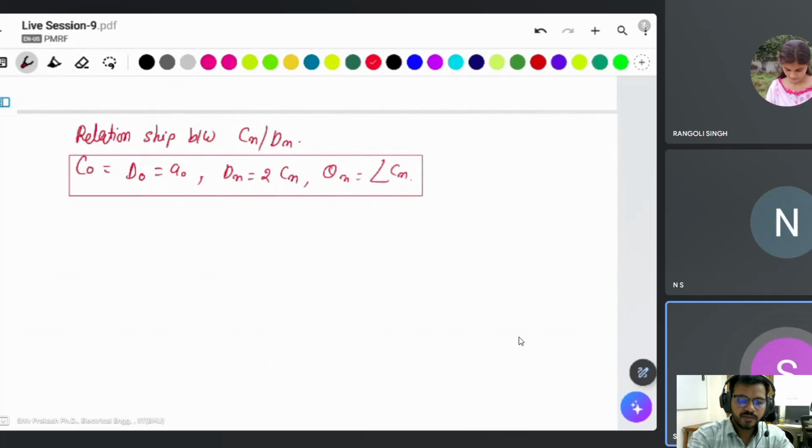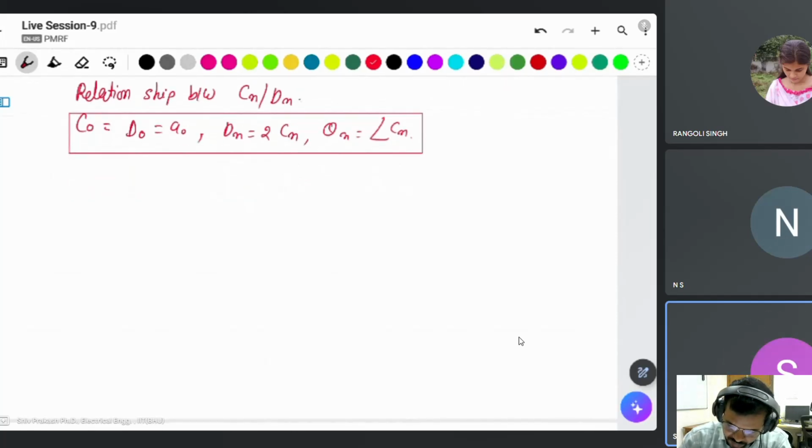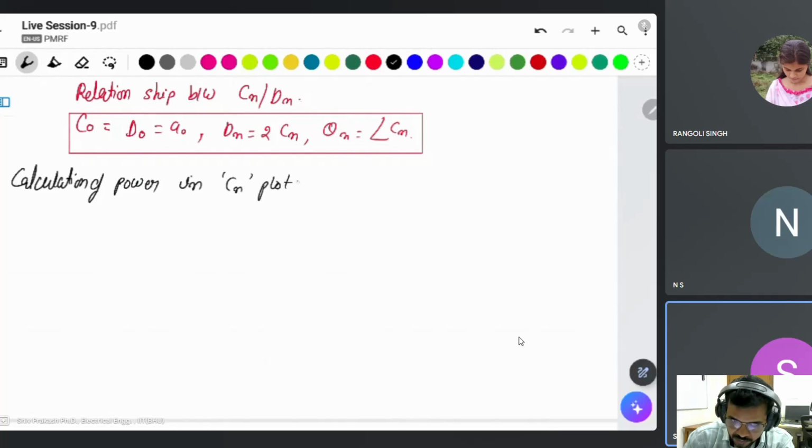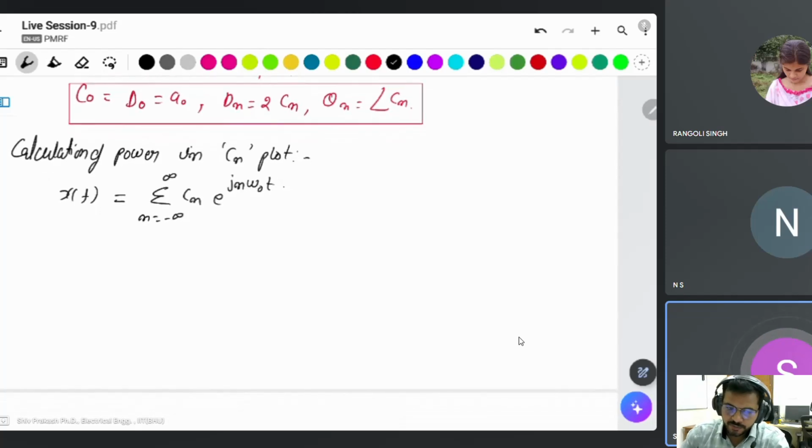For the power calculation, x(t) you know: summation of n equal to minus infinity to infinity of Cn e to the power of j n omega naught t. This is the Fourier series representation in this form.